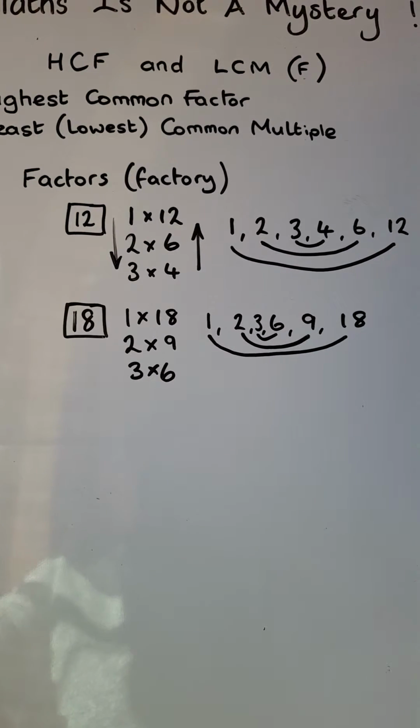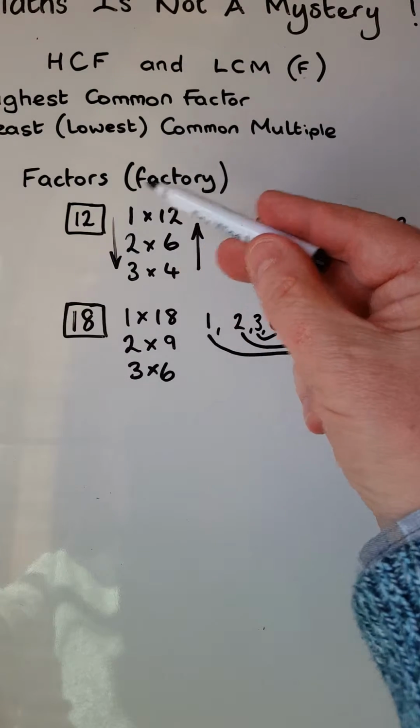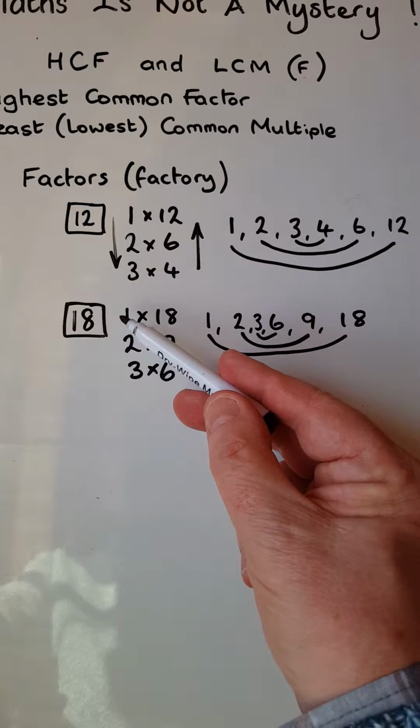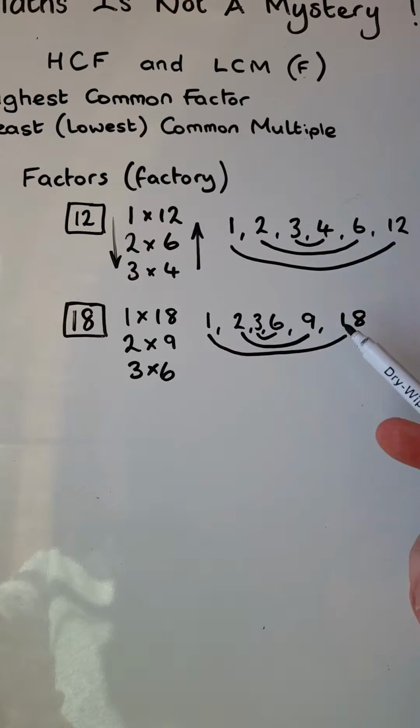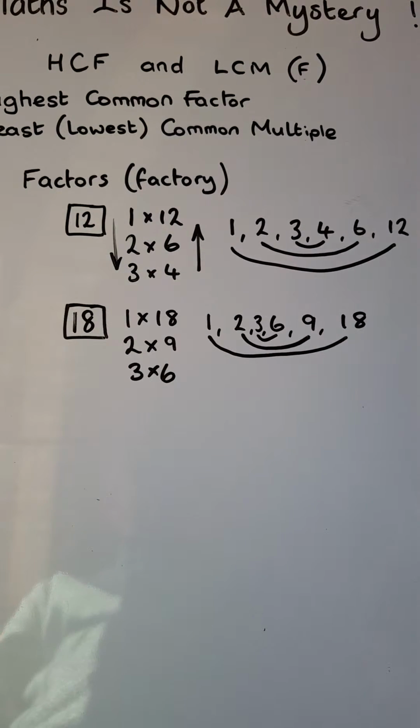And also you're going to notice that the number itself, your target number, so 12 or 18, is always going to be on the list. So 1 will be there, the number itself will be there, and then sandwiched in between them will be a variety of smaller numbers that can multiply together to make that big one.